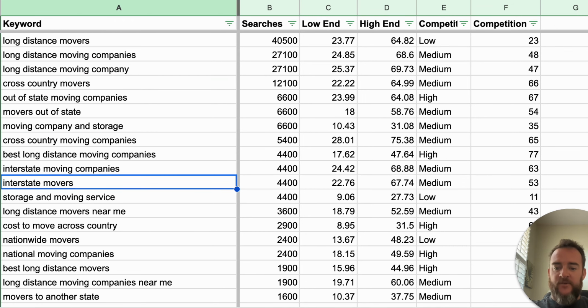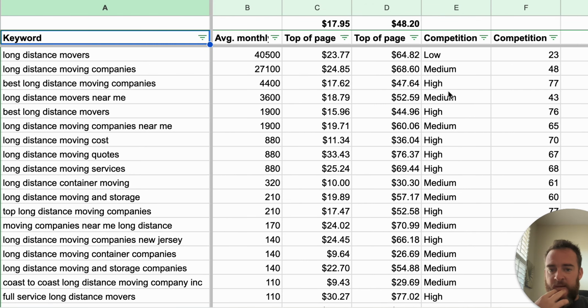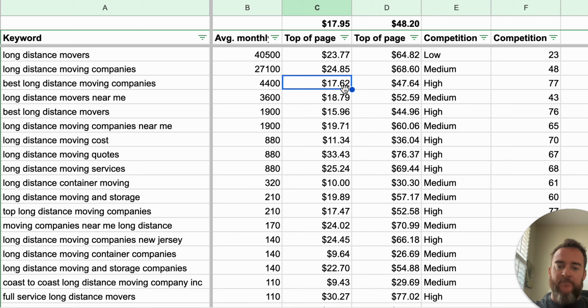The main thing, if you wanted to look at the individuals, the one thing I want to always point out is it's a mixture between what your ad budget is going to be and how much search volume there is for that term, right? So with 40,000 searches, that's the golden number right there.